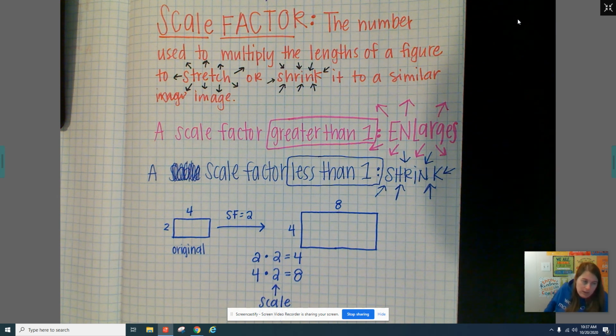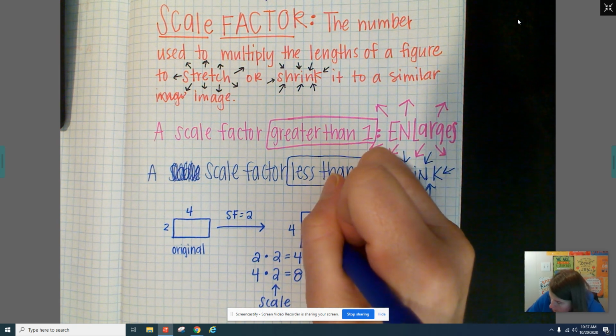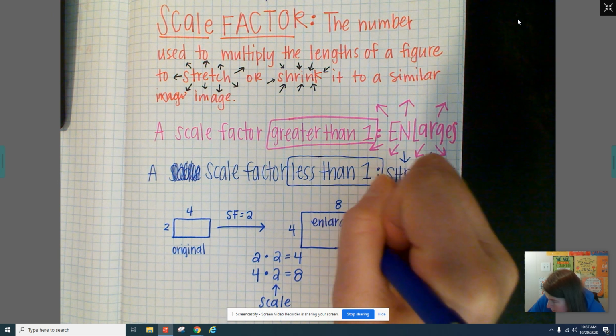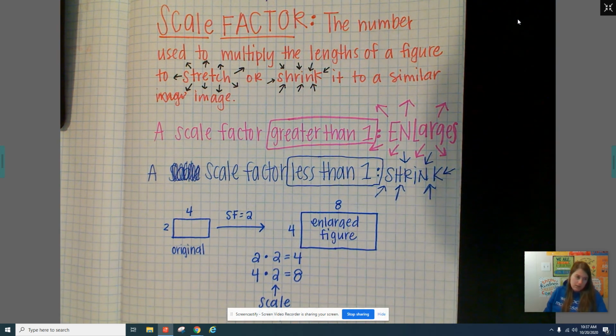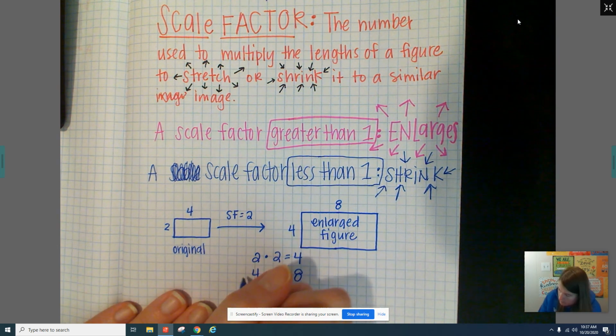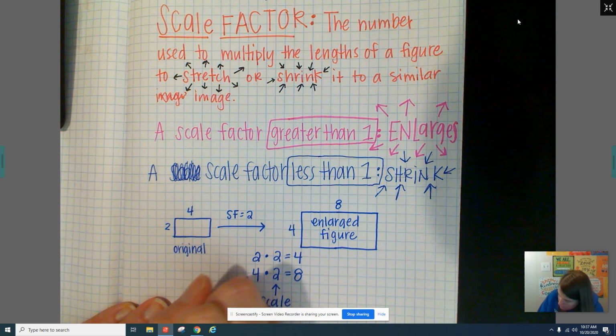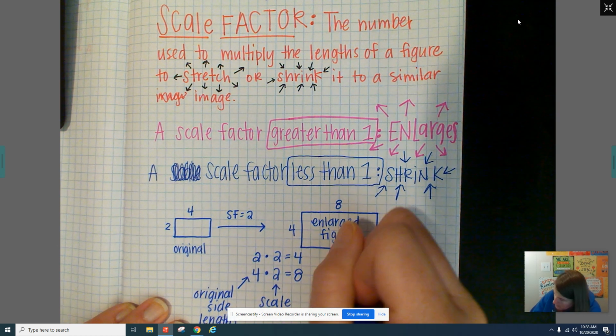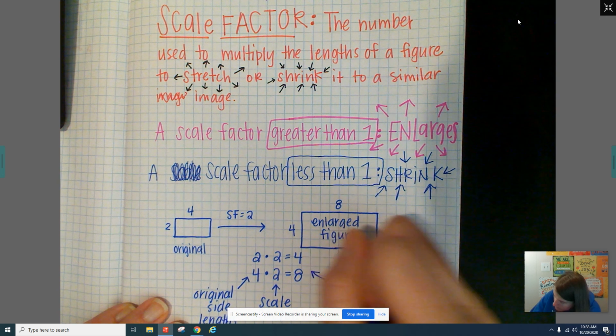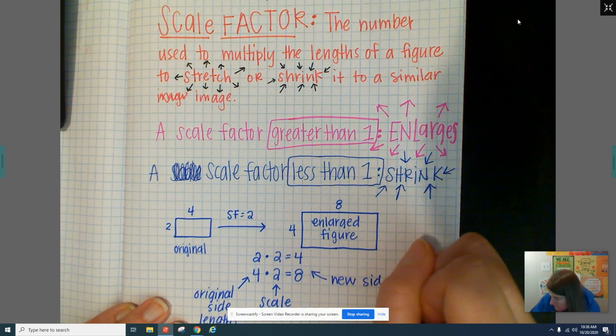Since 2 is greater than 1, this is an enlarged figure. Because we used a scale factor greater than 1, the shape is enlarged. So these were the original side lengths, and then these are the new side lengths.